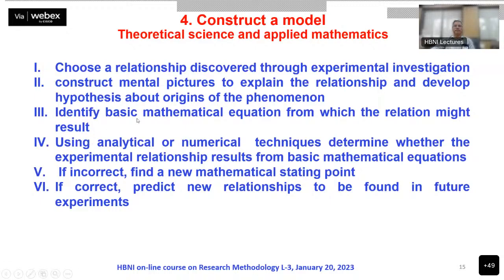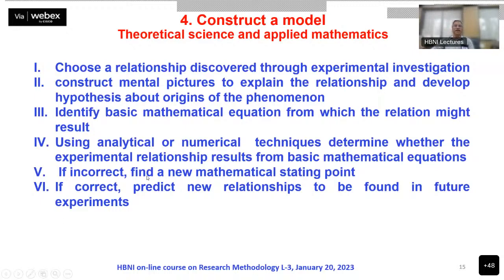Identify the basic mathematical equation from which the relation might result. So I think the mathematics students and the theoretical physicists might be already doing this kind of research. Using analytical or numerical techniques, determine whether the experimental relationships result from basic mathematical equations. So you can try to fit them into analytical functions, or even numerically, you can try to arrive at some functions.